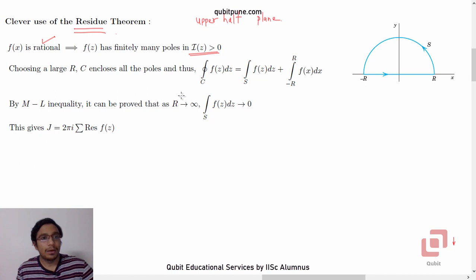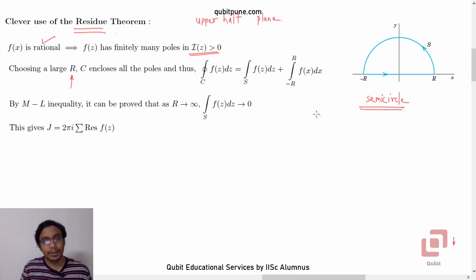Now what we usually do is choose a sufficiently large value of R, which is the radius of this semicircle, which encloses all the poles. That means we should cover all the poles of the function f(z) which lie in the first or the second quadrants. And this is made sure by choosing a very large value of R.